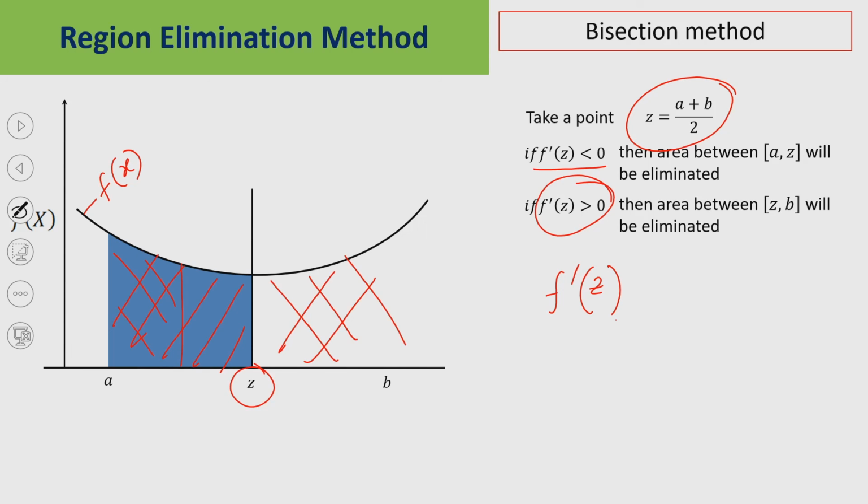Now, if I compare the efficiency of this method with the other methods, such as the interval halving method or golden section search method, what is the computational complexity here? Here we have to calculate the derivative of the function at that particular point. Now, the question is how to calculate this derivative.